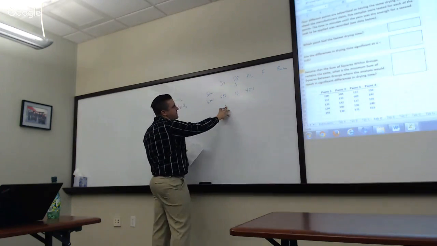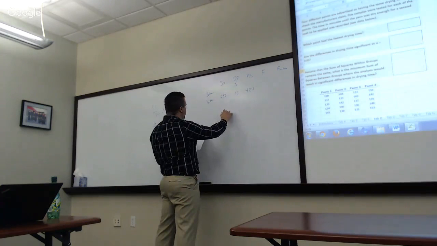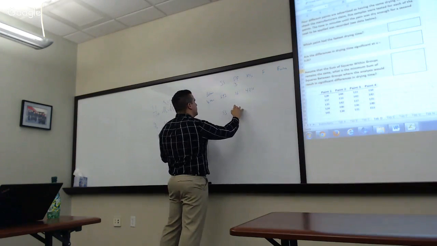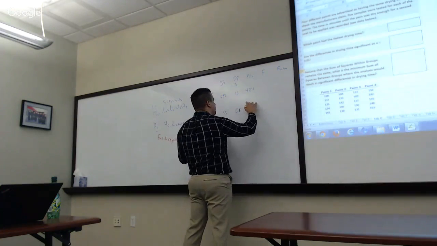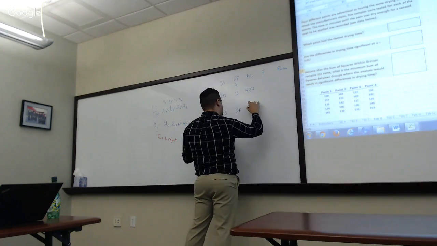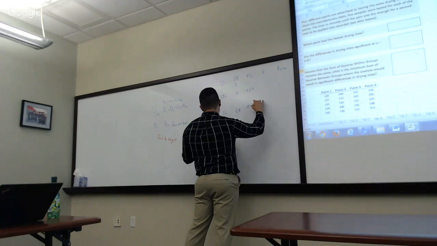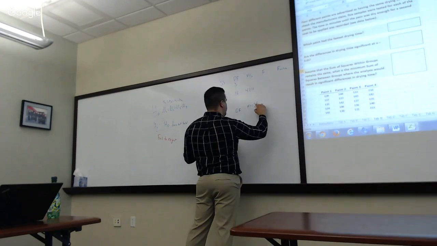So, the formulas here: sum of squares, our degrees of freedom, which is going to be fixed for this. Our mean square is equal to our sum of squares divided by our degrees of freedom.